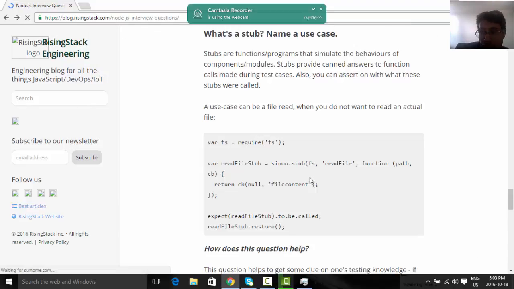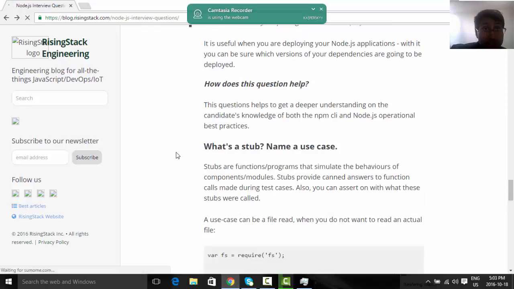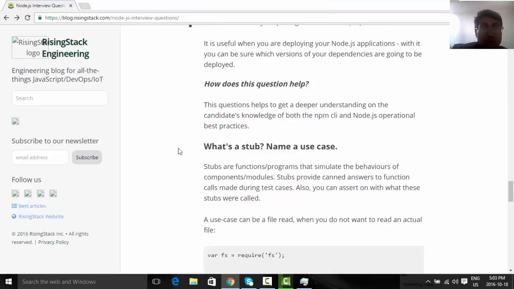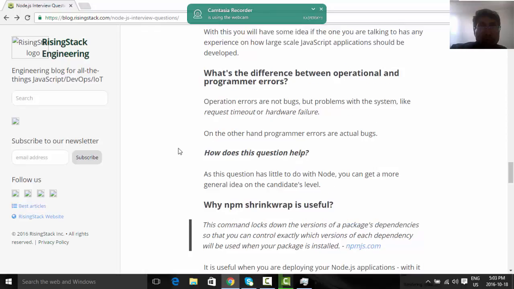Okay, I believe I clicked somewhere and it went to there. Okay, so we're talking about the running thing. Operational programmer, filer, operational.